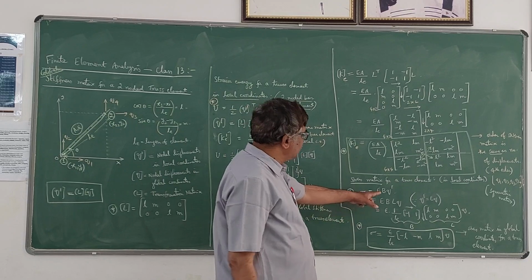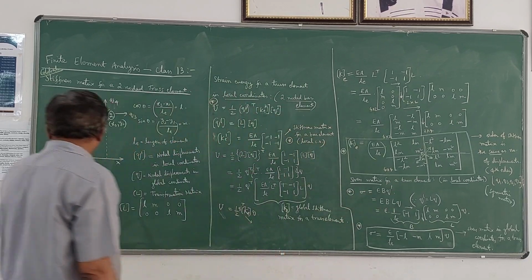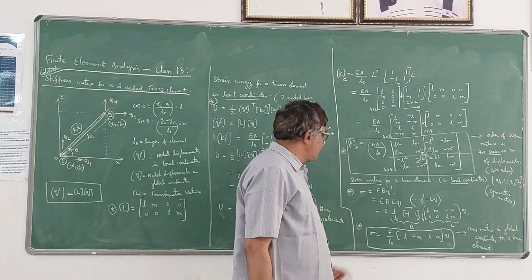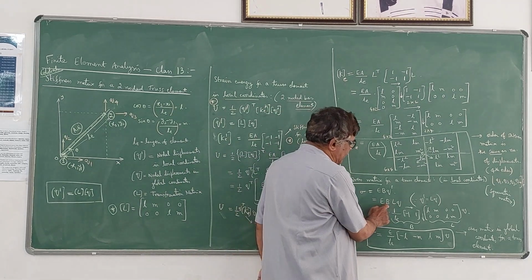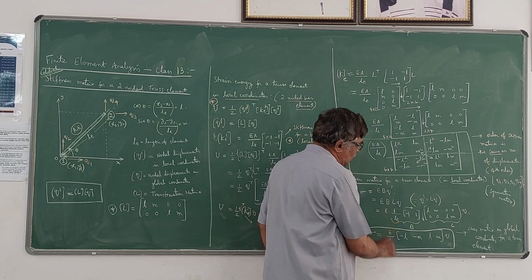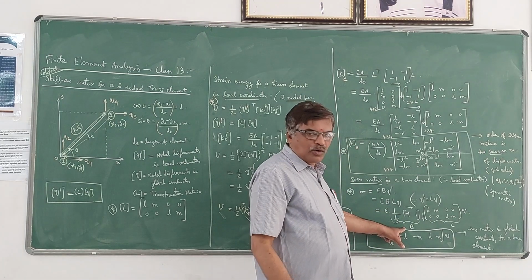Now for this Q dash, once again I can write L into Q, where L is the transformation matrix. Then B for a truss element in local coordinates, we also proved in the last class.